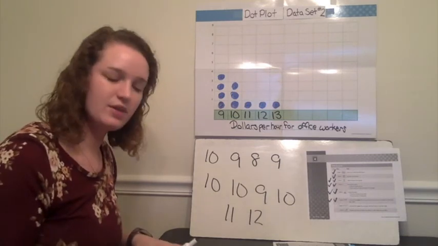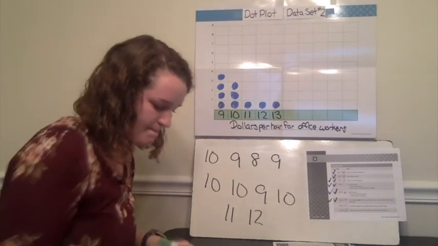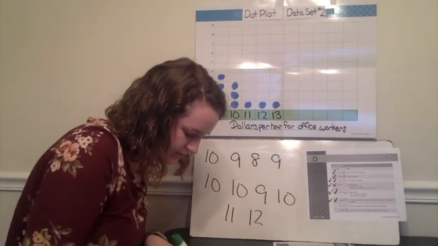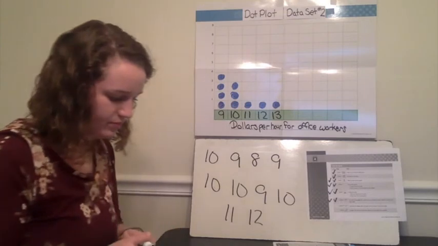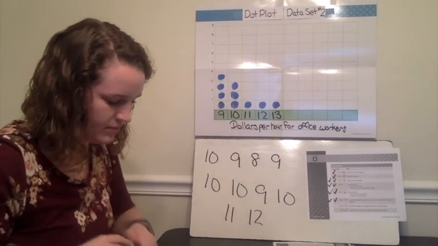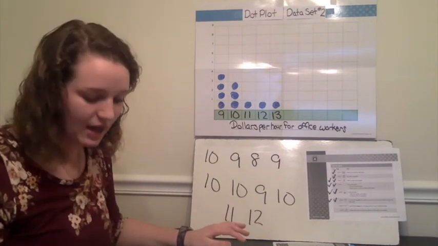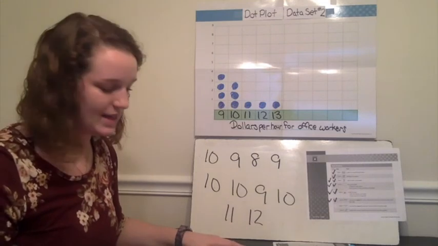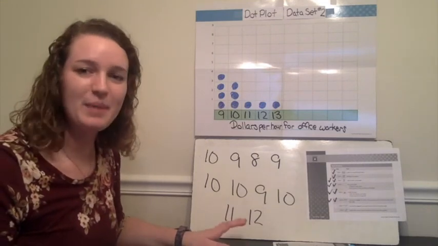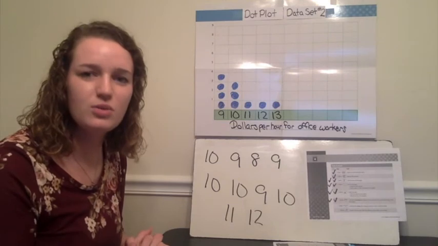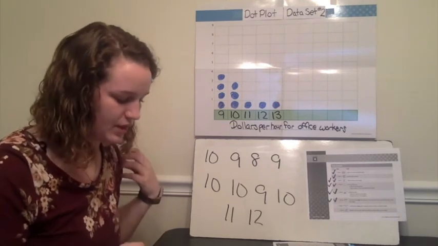And then hit equals. Okay, what did you get? So my calculator says 9.8. But since we're talking about money here, what do you think we need to do with our decimal places?